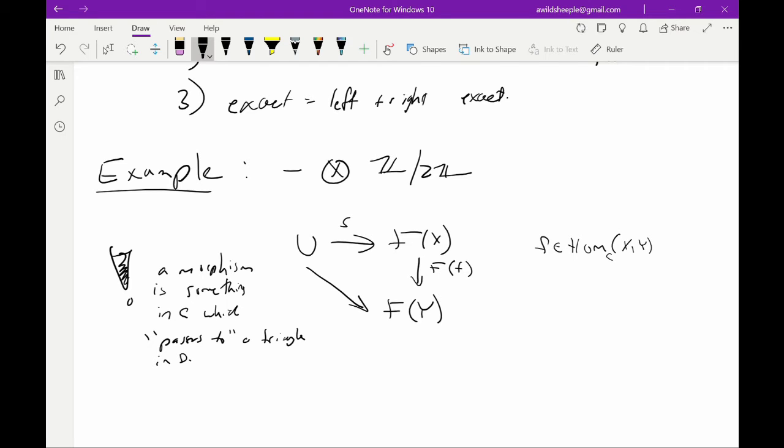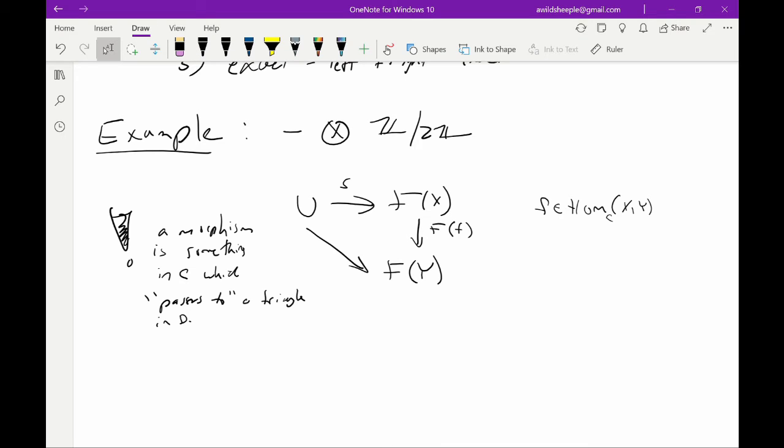And in our specific case here, tensoring is an endofunctor. So the category in question here is Z modules or abelian groups. And this tensor functor, which I could call F, but I'm going to continue to do this until I get sick of it, is going Z mod to itself.